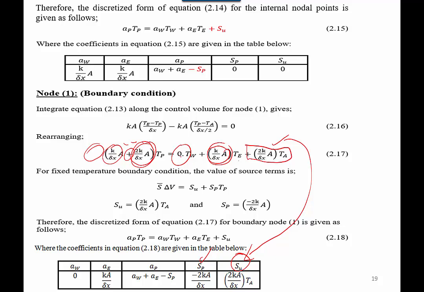That means this term is AP. A west is 0, and A east is as before, and minus SP. SP is negative, so minus the minus is positive. Therefore SP is minus 2KA over delta X.